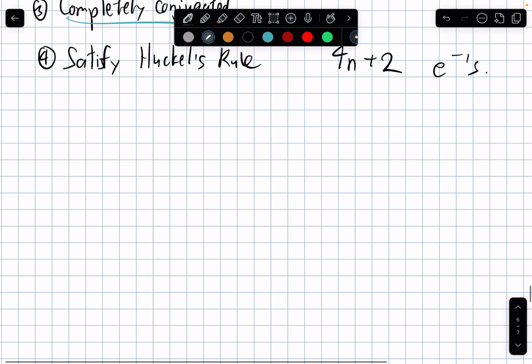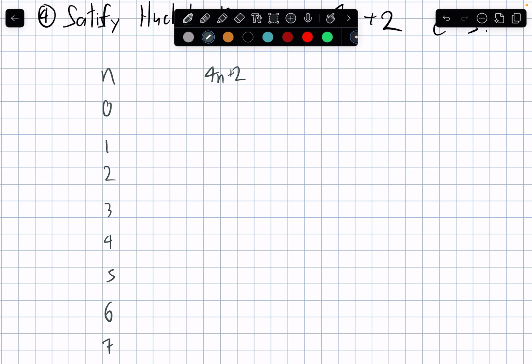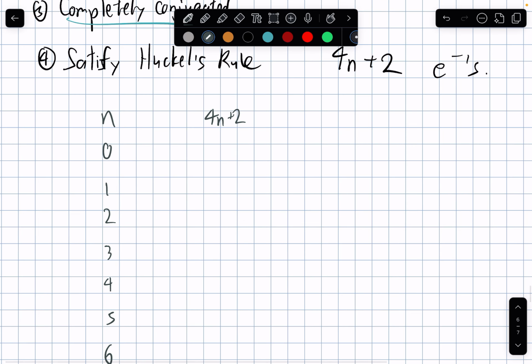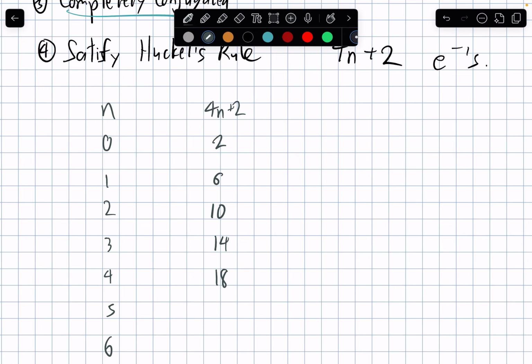So, what are the number of electrons that satisfy Huckel's rule? I have yet to understand completely what the n means, but for now, I found that it was survivable just by knowing these numbers. So 2, 6, 10, 14, 18, the interval is 4, no? If you know these numbers, then you'll be fine.